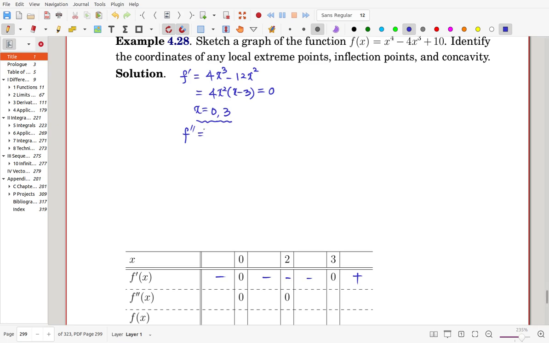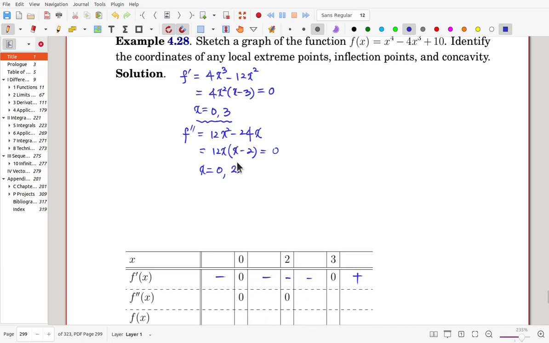Now let's get f double prime, which is 12x squared minus 24x. That is the same as 12x times x minus 2. If we set it to 0, then x equals 0 and 2. So f double prime is 0 at 0 and 2.